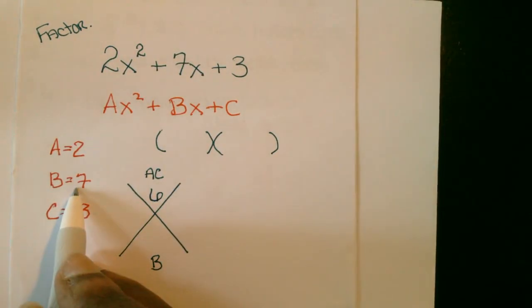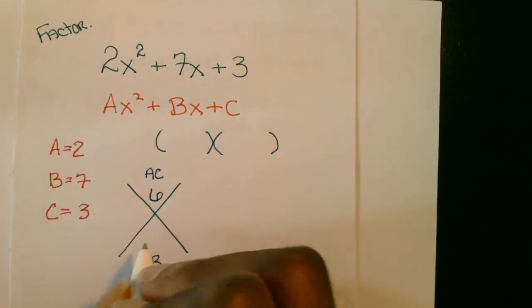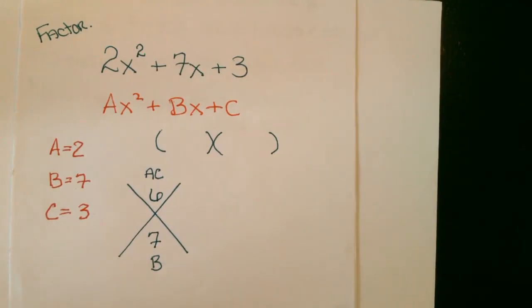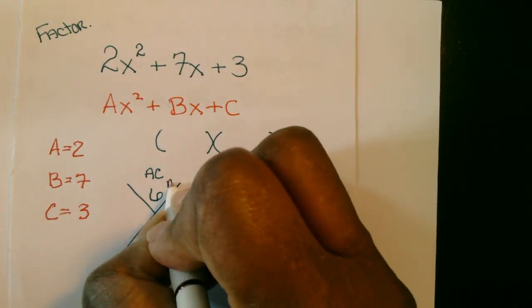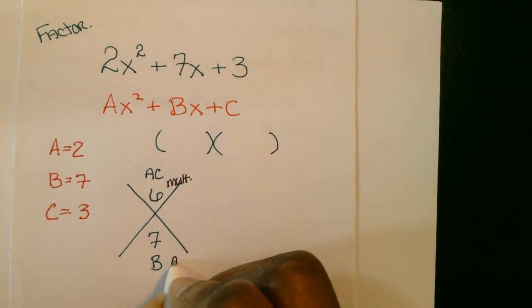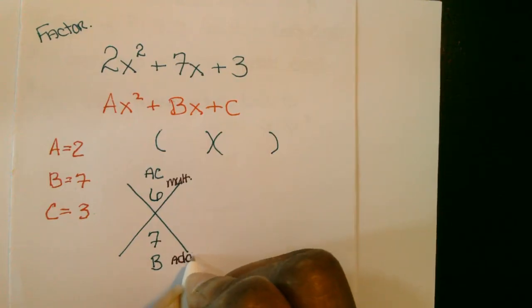And you rewrite your B, which is 7. Now you need to think, what two numbers multiplied together will give me 6 and add together will give me 7?